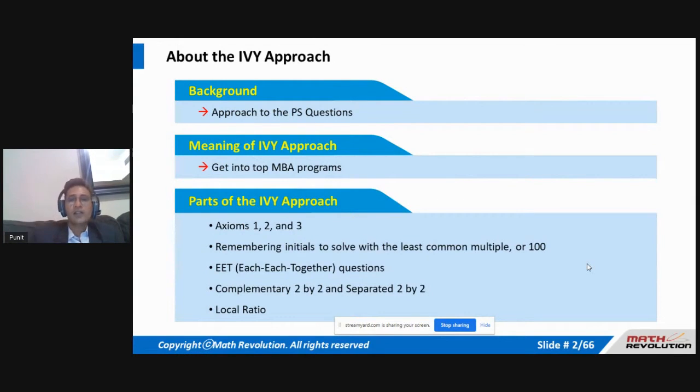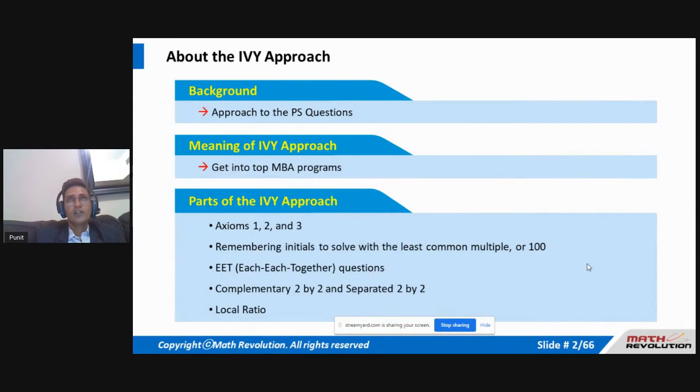There are a couple of jargons that we use, so I don't want you to get confused. I'll be talking about some axioms. Axioms are algebraic forms which are devised so that they can be applied. I'll be talking about how to solve a question by taking an LCM or attaching 100 or initials.